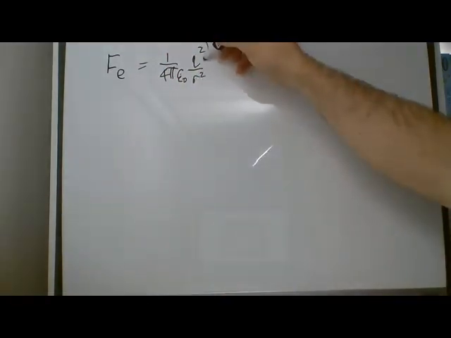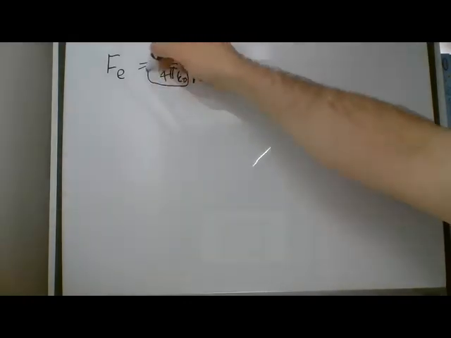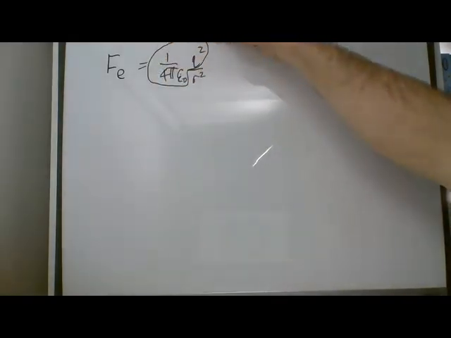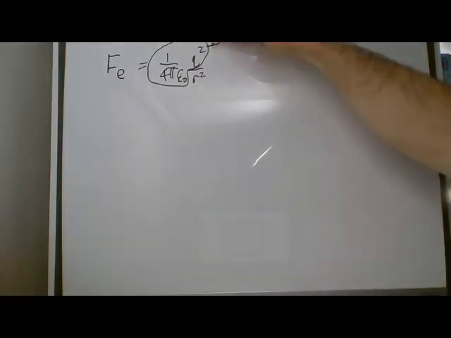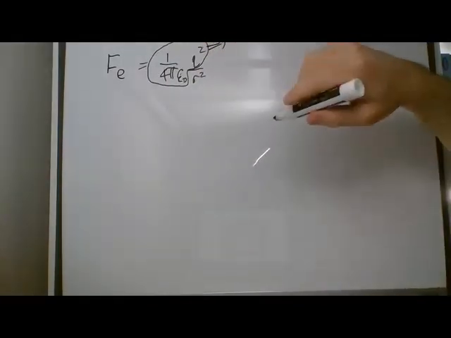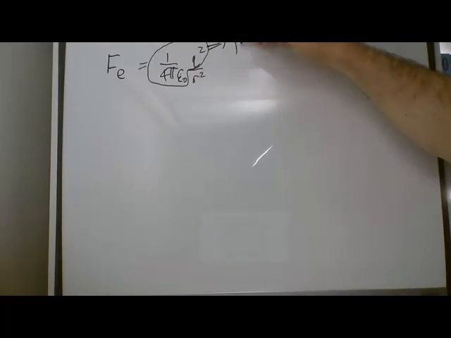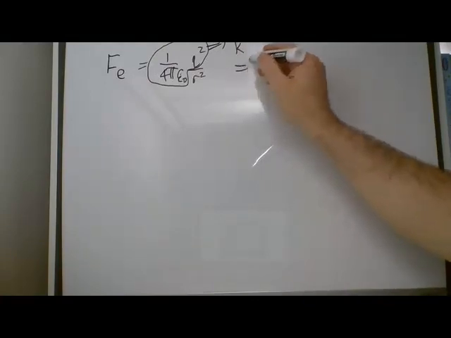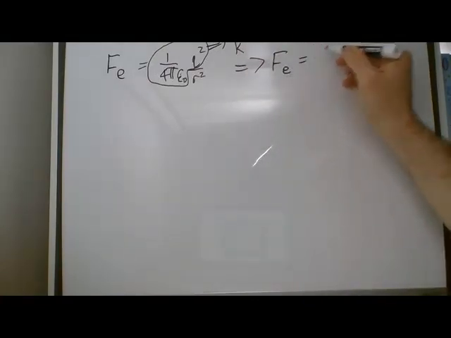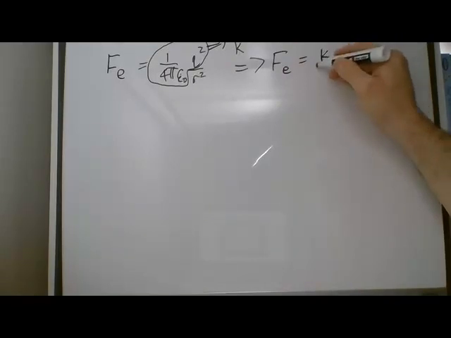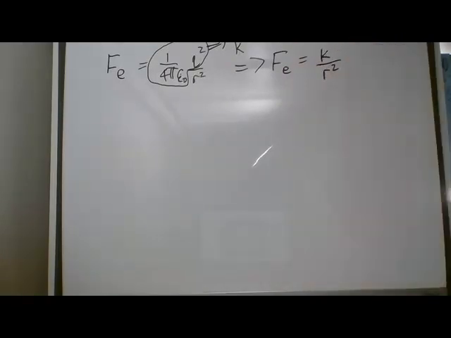Now, to make the following argument a bit more succinct and clear, I'm going to call all of this K. Why K? Just because it's a constant. So the electrostatic force equals K over r squared. It just allows our discussion to be a bit more simple.